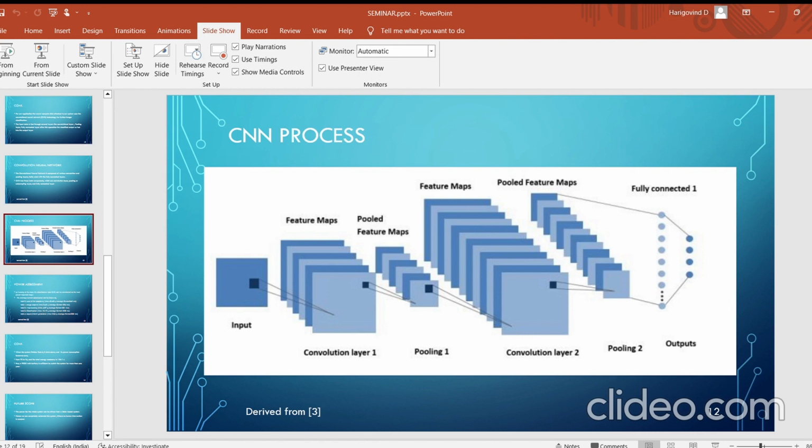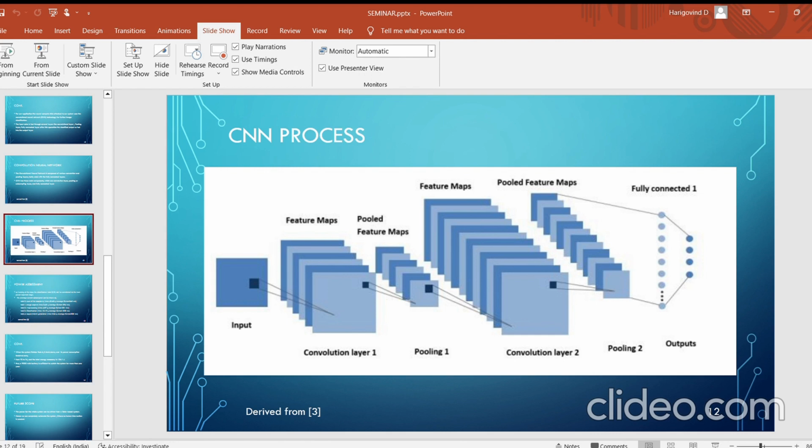After the convolution, this data is transferred to a pooling layer, which reduces the size of the feature maps by downsampling them. This mainly helps to reduce the number of parameters in the network to prevent overfitting.